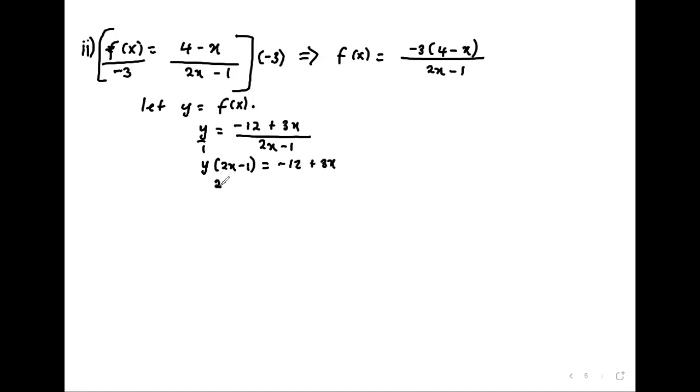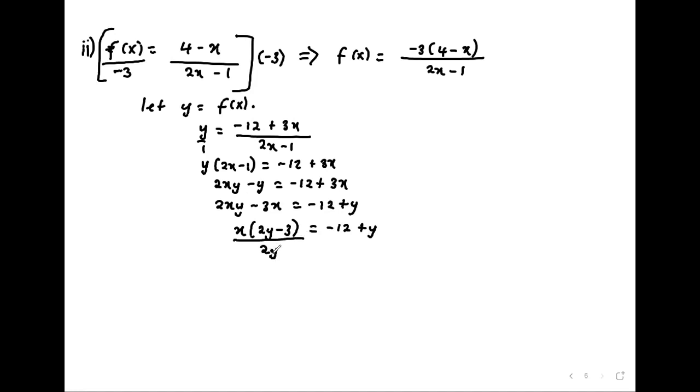Then expand: 2xy minus y is -12 plus 3x. Put the x's together: 2xy minus 3x is equal to -12 plus y. Factor out x, we get x times 2y minus 3 is equal to -12 plus y.